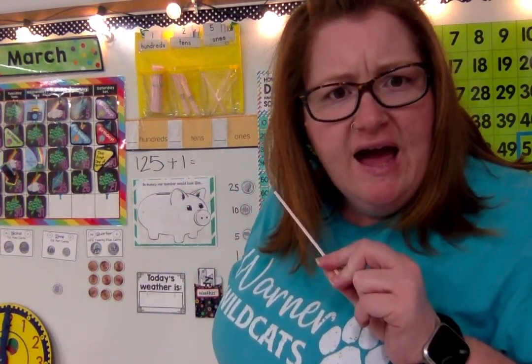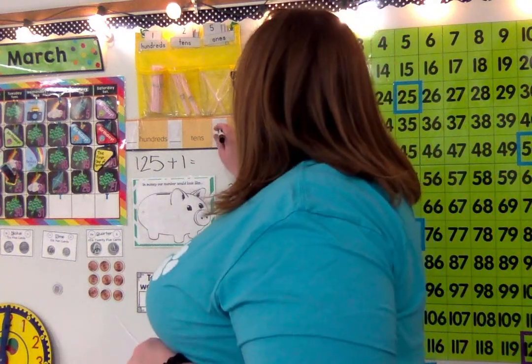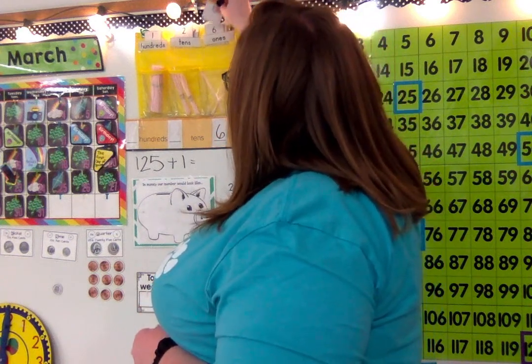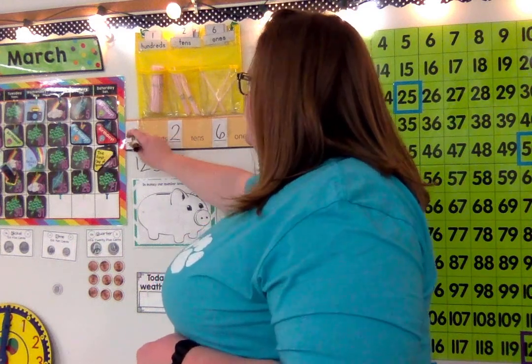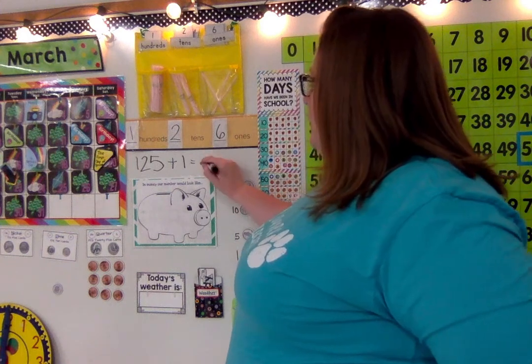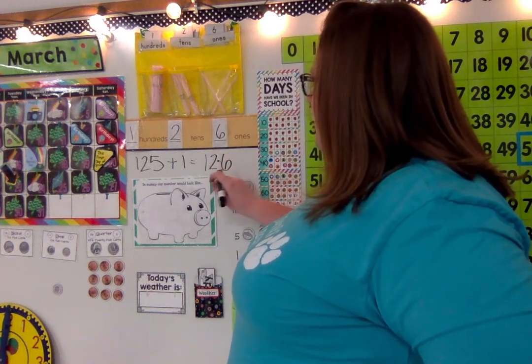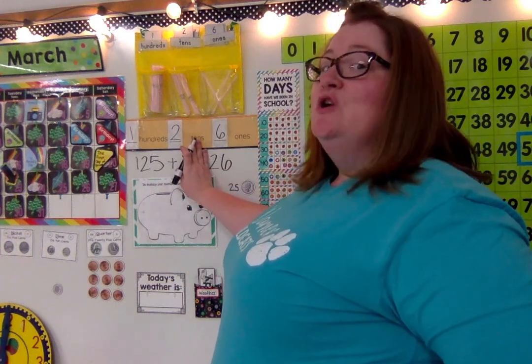We know 5 and 1 more. 5 plus 1 equals 6. Good. So now we should have 6 ones. We do. We still have our 2 tens and our 100. Then if we think about those tens and ones, we say that number as 26.